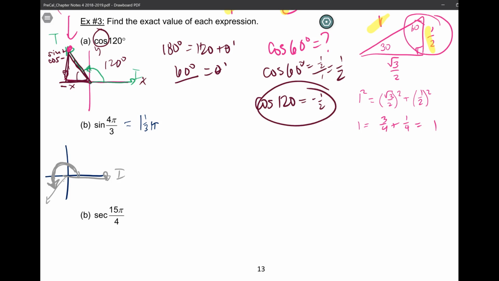So we need to find the reference angle first. The reference angle is between the terminal side and the x-axis. So what will this angle be? Well, we kind of figured it out already, because going over this far is 1 pi, and then the continuation is 1/3 pi. Or you could say pi over 3 is going to be our reference angle. Okay, what is sine of pi over 3?